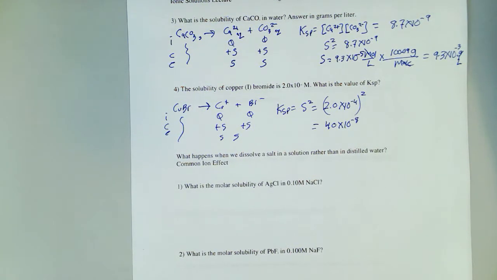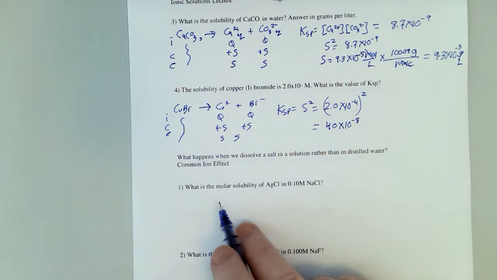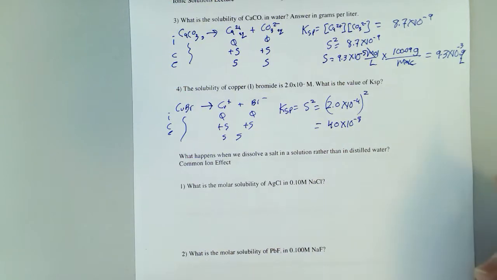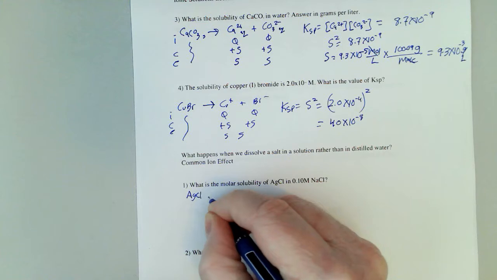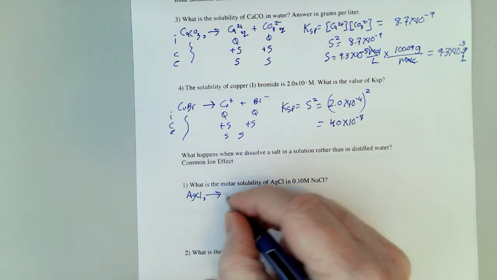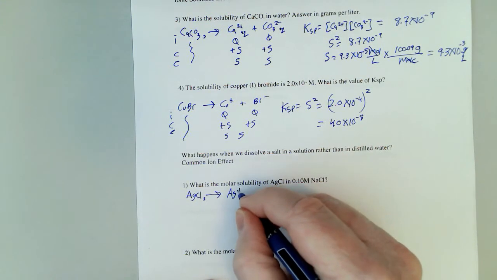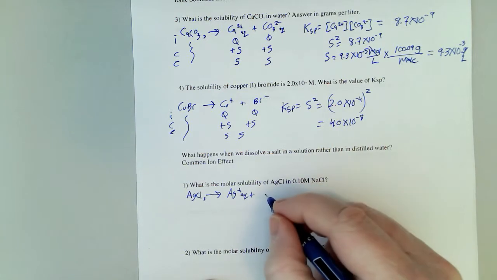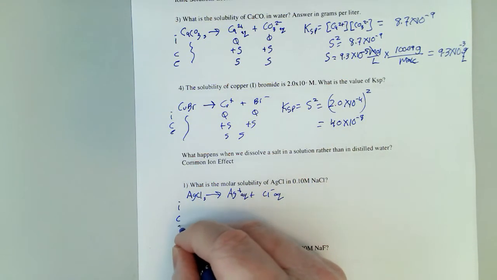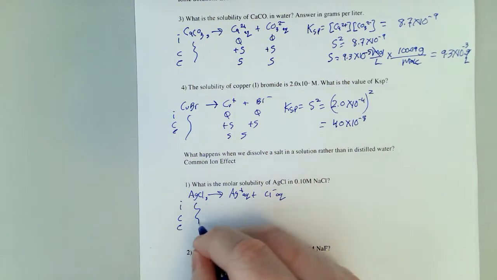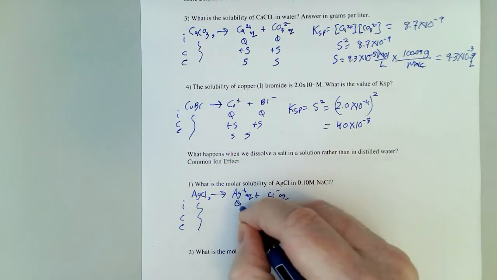What if you're not dissolving it in water? What if you're dissolving it in another solution? Like let's dissolve AgCl in 0.1 molar NaCl. AgCl, that's a solid, breaks down into Ag plus aqueous and Cl minus aqueous. Do an ice box, ICE. Ignore. 0.